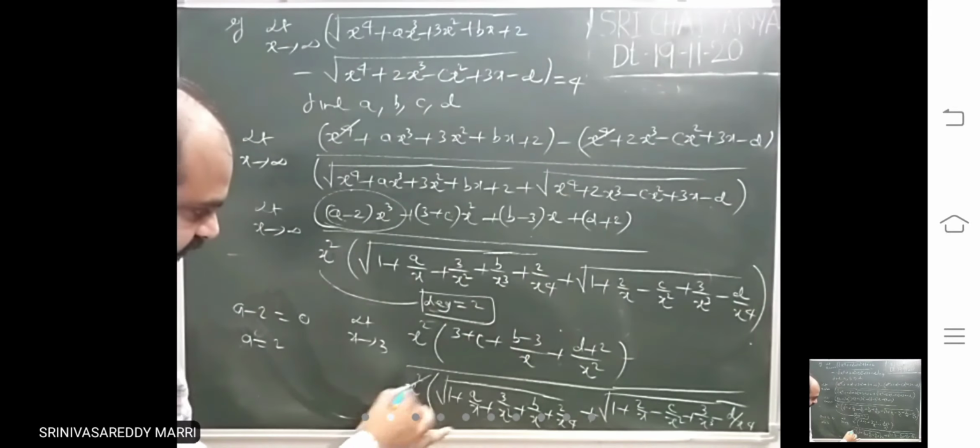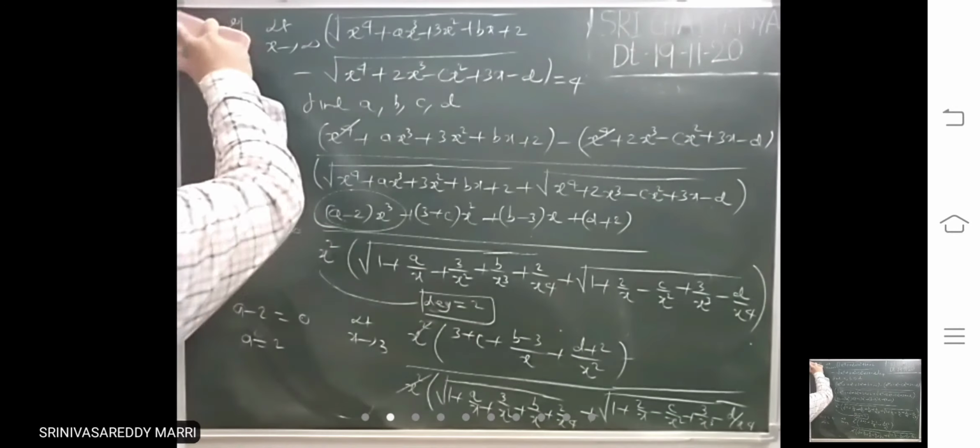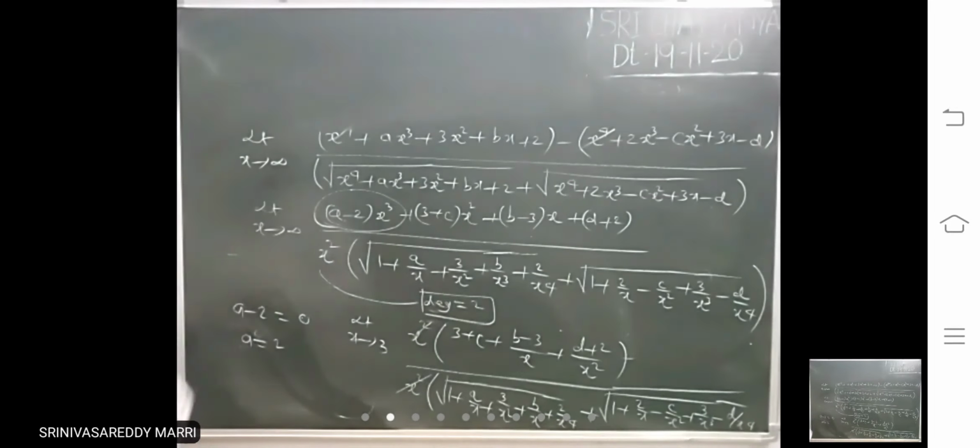So x square got cancelled. What is the limit value? The limit value given is 4. Limit value you will get now.